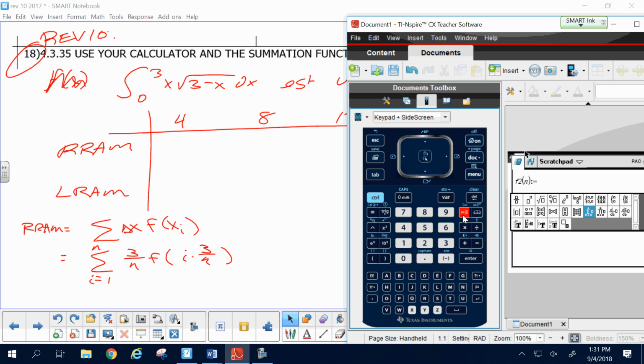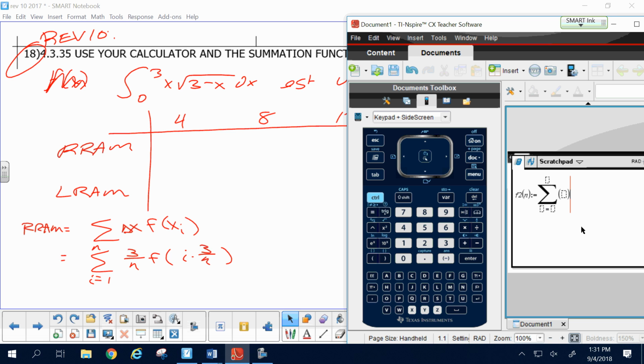Next to the 9, you'll see the summation button or submenu. Choose it, preferably. Okay, boom. Type in what you see: i equals 1 to n.